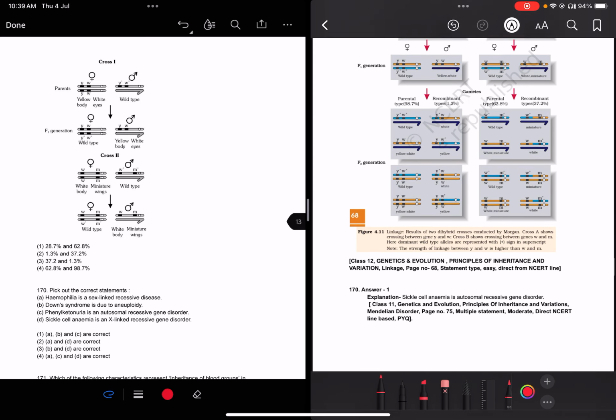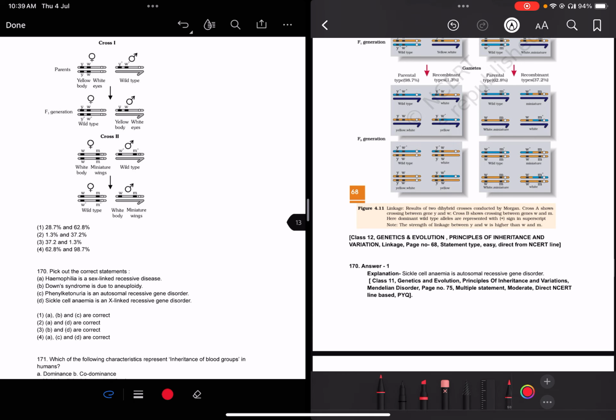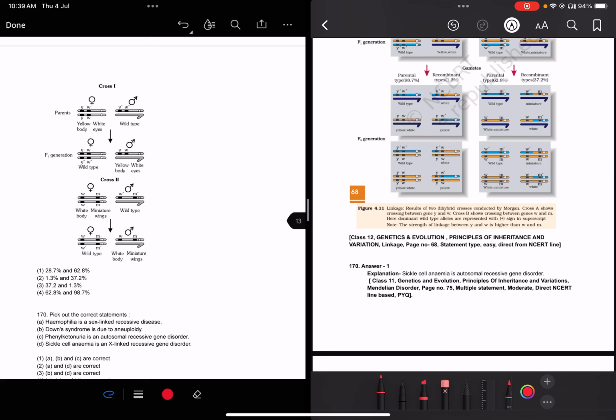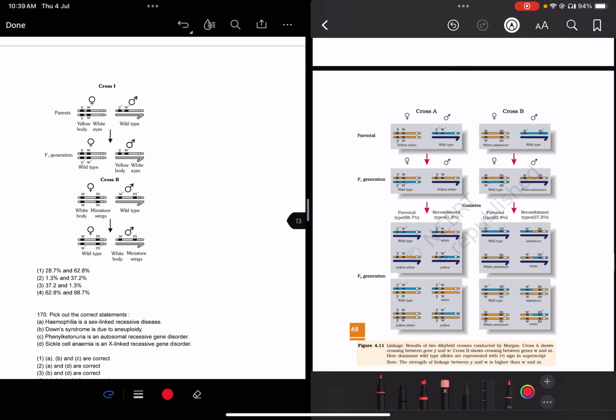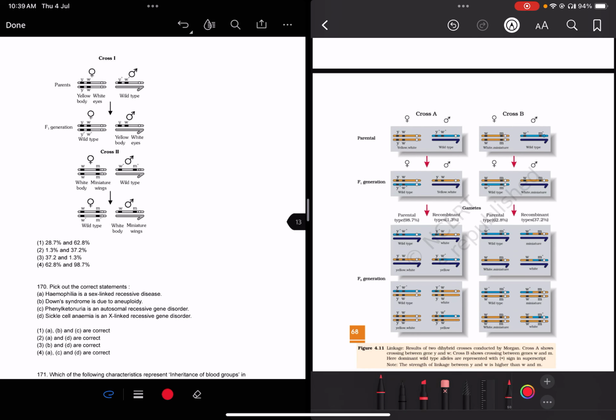So we should know the solution also. This is given directly in the NCERT experiment. My suggestion is that you learn this question directly. How to solve this?